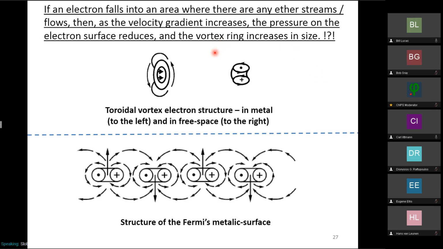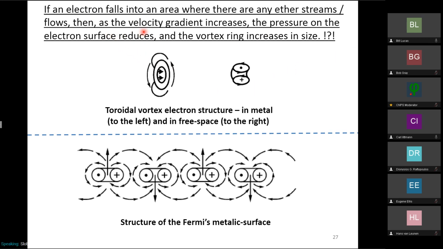So if an electron falls in an area where there are any ether streams, and the magnetic field will be shown later, actually it is presented by a particular form of streaming or flowing of ether.